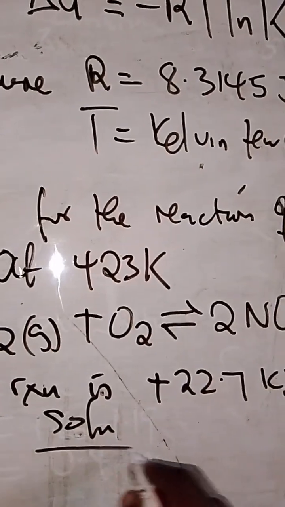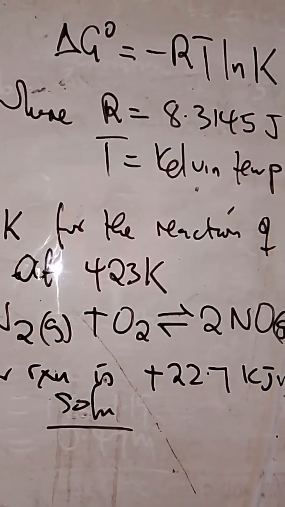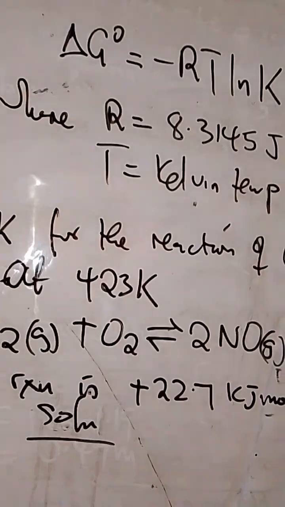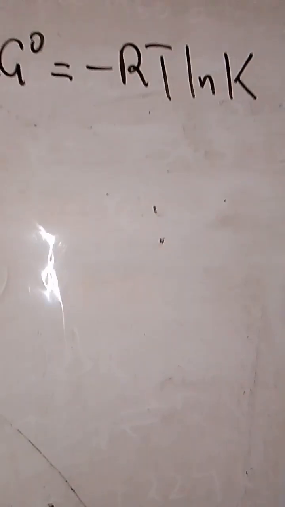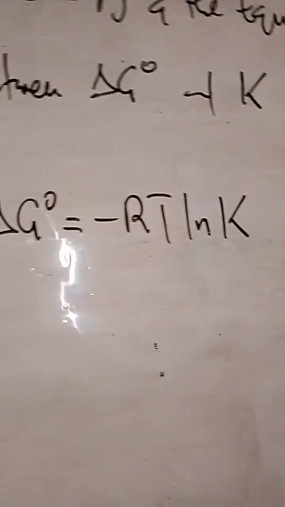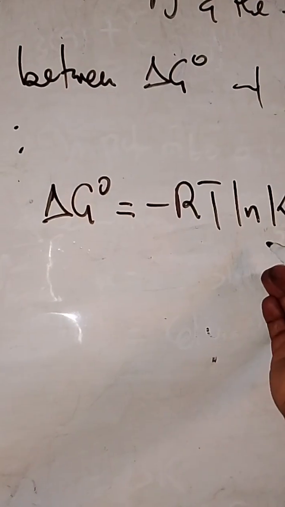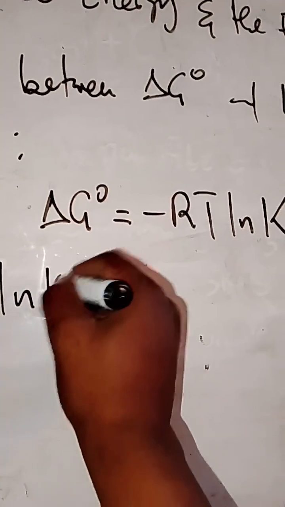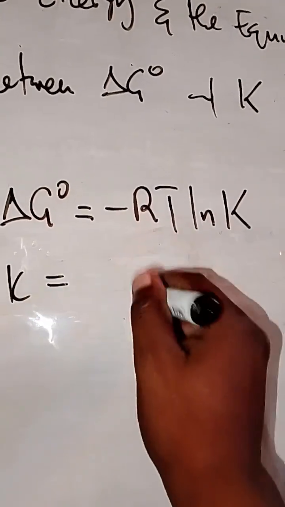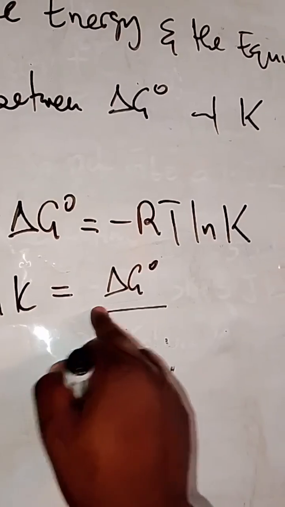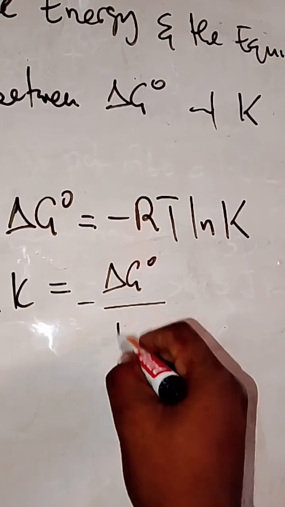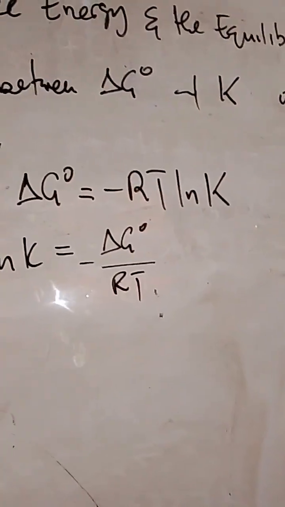Solution: we are going to use our equation for delta G and K. In this case ln K is equal to minus delta G over RT.